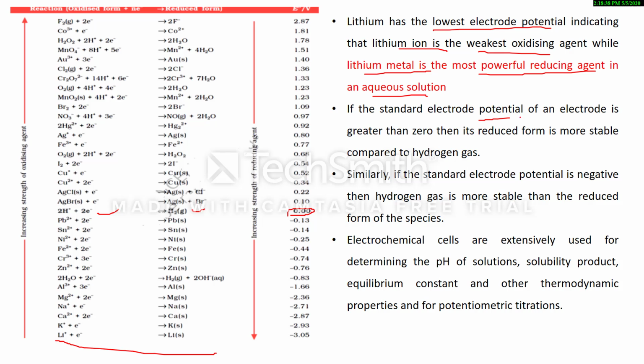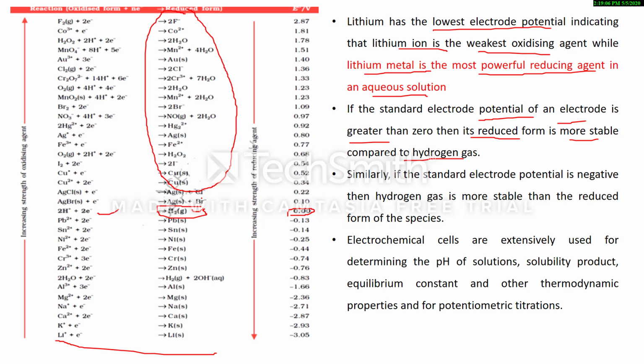If the standard electrode potential of an electrode is greater than zero, that is above hydrogen, then its reduced form is more stable compared to hydrogen gas. Is it clear? These are the reduced forms, and they are more stable compared to hydrogen gas.